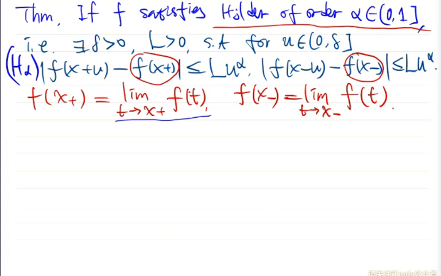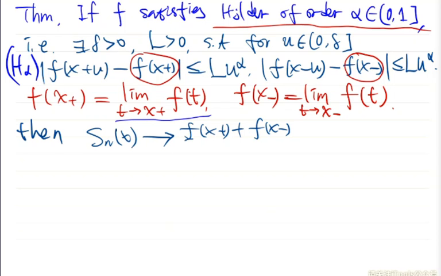Here alpha is a positive number not greater than 1. So under this condition, the conclusion is that the Fourier series of f converges to (f(x+) + f(x-)) over 2, the average of the one-side limits of f at the point x.